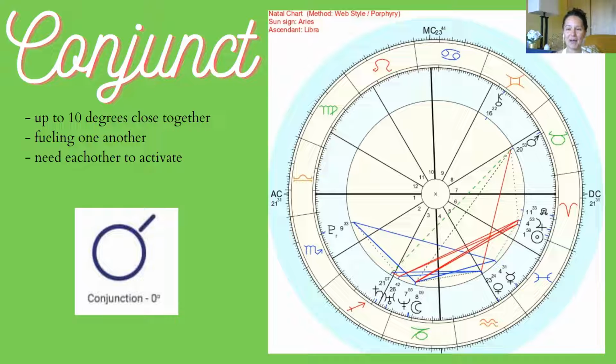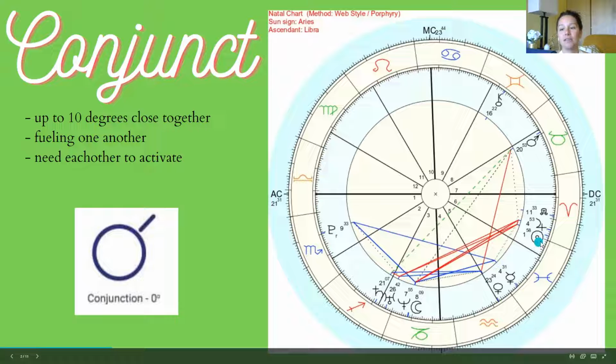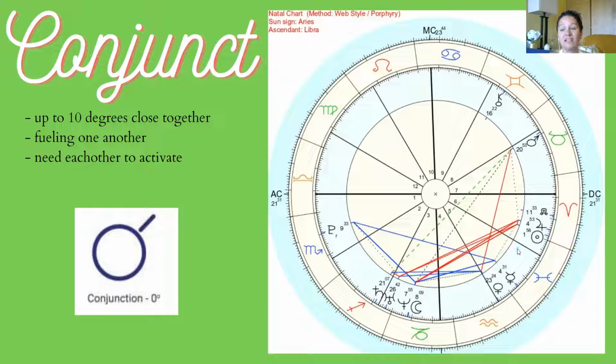Then the Jupiter and Sun conjunction is there. The Sun is big and expansive and light and bright and vital. Jupiter accentuates that. It brings more energy to whatever it's near. So it's like making the Sun even bigger.